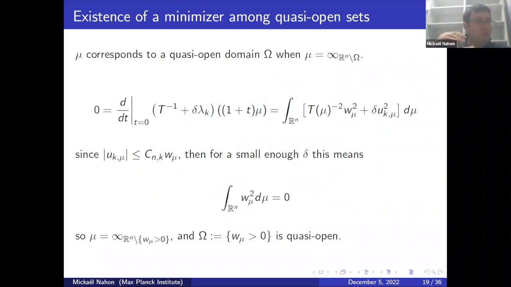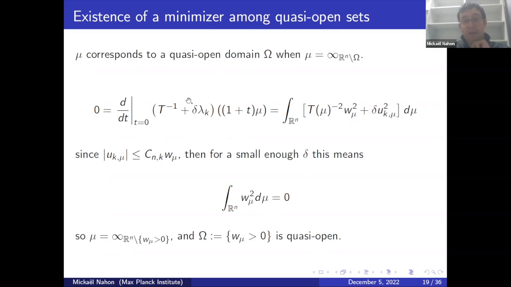For example, the measure mu is like this when 1 plus t mu is equal to mu for every t, because 1 plus t times 0 is 0, and 1 plus t times infinity is infinity. So what we do is we replace mu by 1 plus t mu, which corresponds to changing a bit the size of the holes asymptotically.